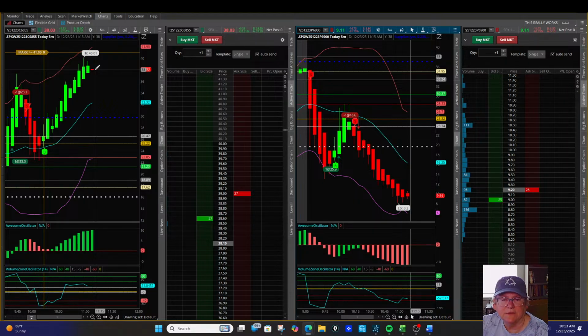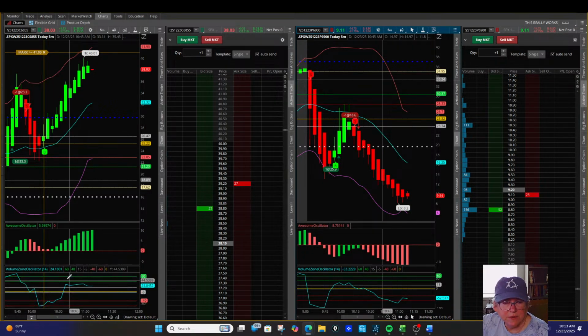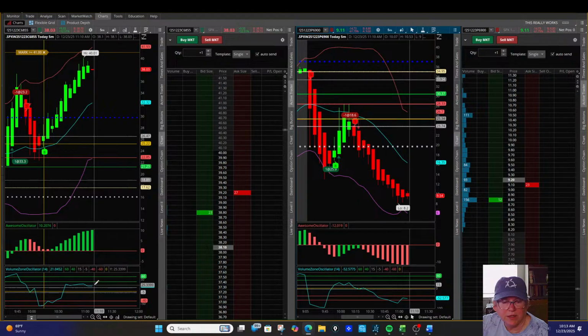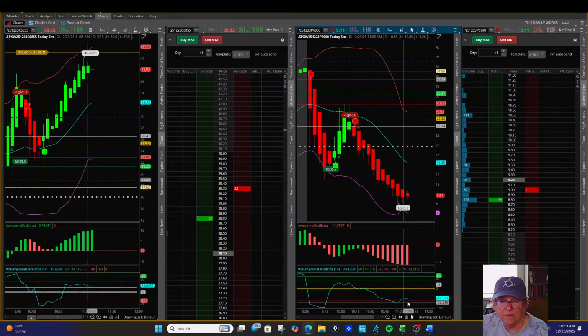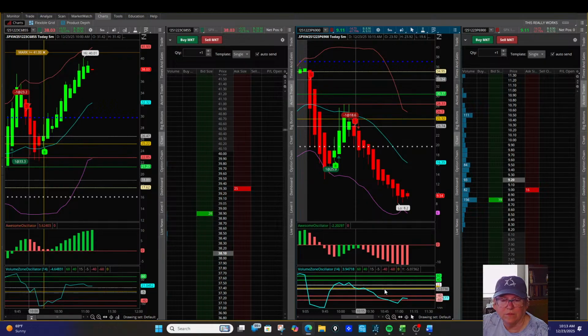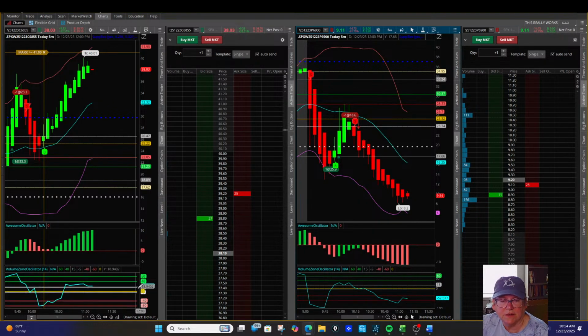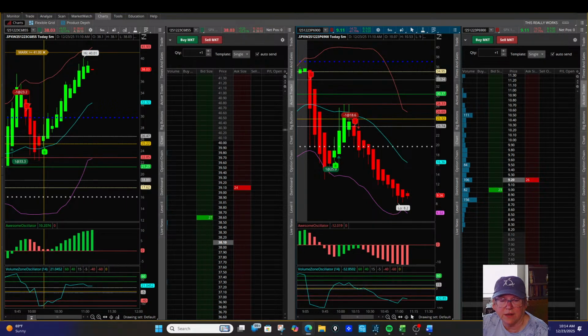Just depends. The volume zone oscillator is going sideways right now, as is the volume zone oscillator of puts. So calls and puts both are kind of moving sideways.